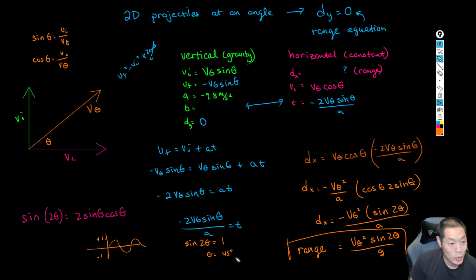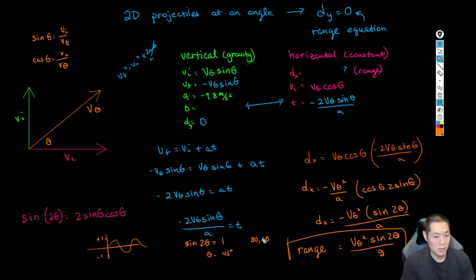Now, the next one was kind of back to the problem that we had. We noticed that 30 and 60 gave us the same range. Plug it in, see what happens, right? 2 times 30 is 60, right? Sine of 2 theta is 60. And then if you do sine of 2 times 60, that is 120.